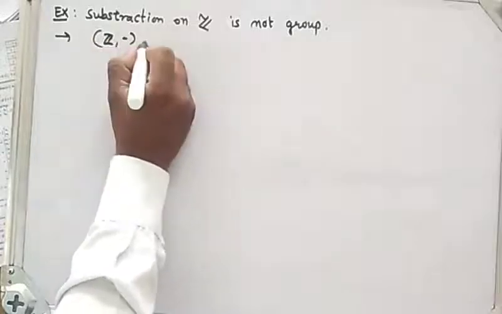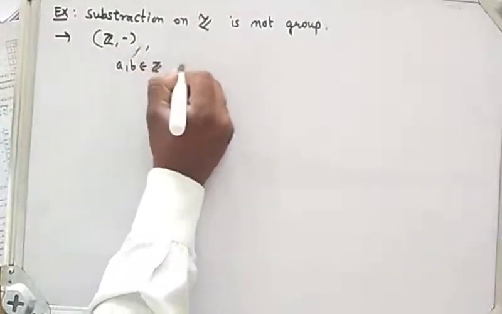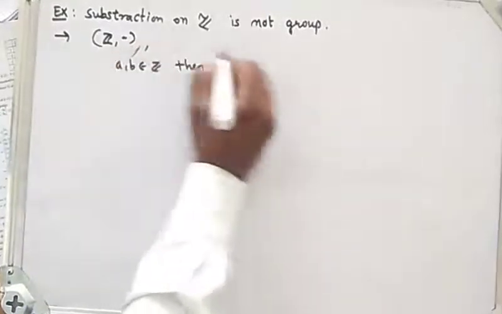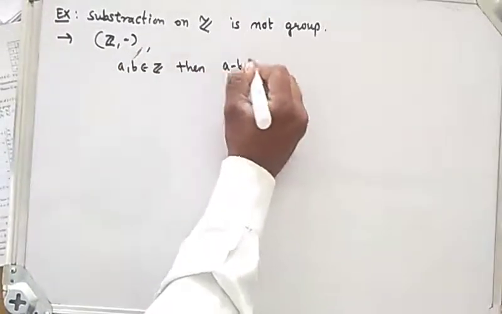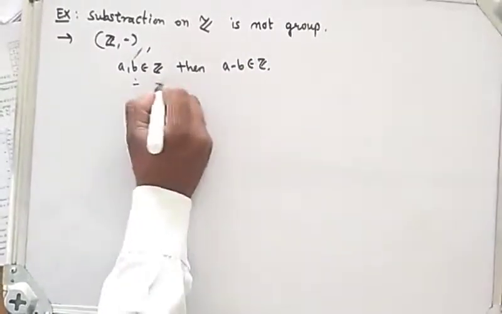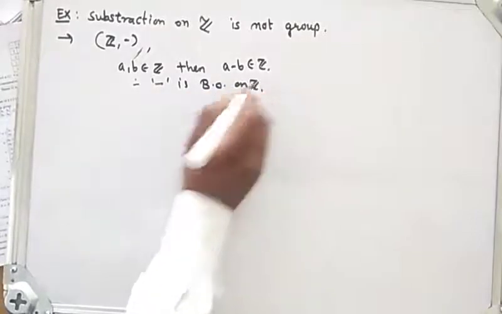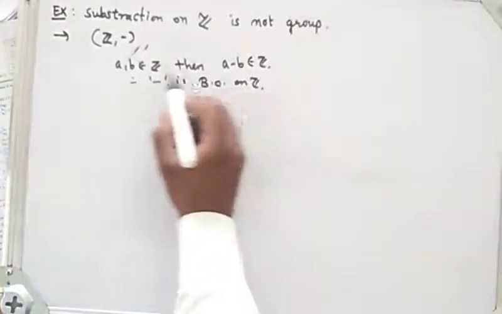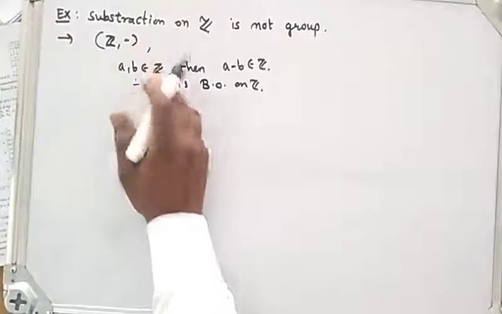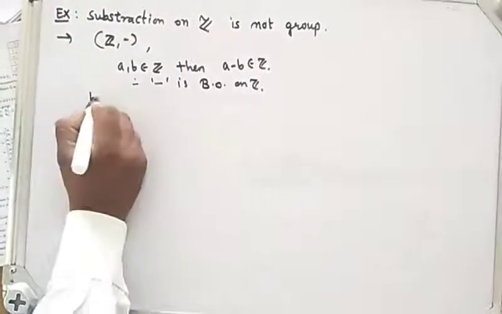I take two elements a, b belongs to Z, then a minus b also belongs to the set of integers. So this is the closure property, meaning subtraction is a binary operation on the set of integers, because it is obvious that if I take any two elements from the integers, then their subtraction also belongs to the set of integers.